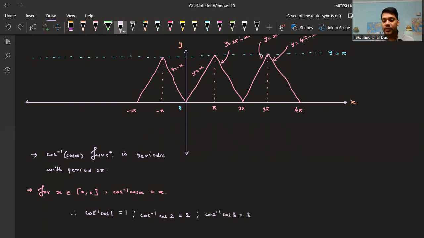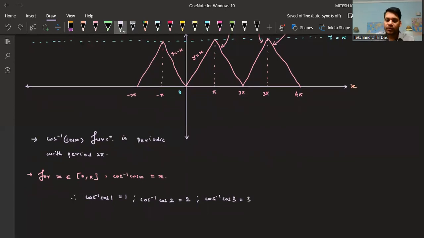But if somebody asks you what is cos inverse of cos 4, then this is not 4. See, cos inverse of cos 4, is it 4? No, it is not 4, because this 4 will lie on this branch, and the equation of this branch is 2 pi minus x.